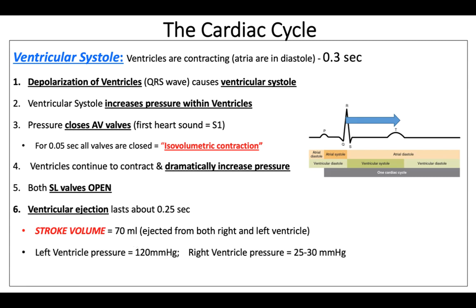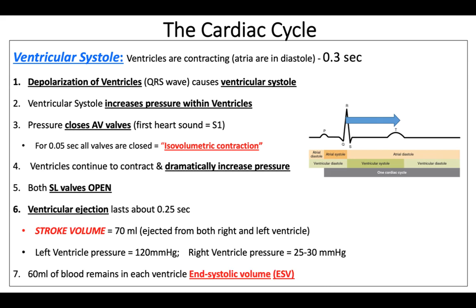Now what pressure does that take? The left ventricle's got to get up to that 120 to eject its stroke volume. The right ventricle has to get up somewhere around 25 or 30. So it takes different amounts of pressure to eject the same volume. So we just ejected.